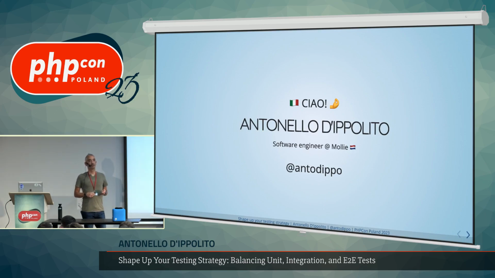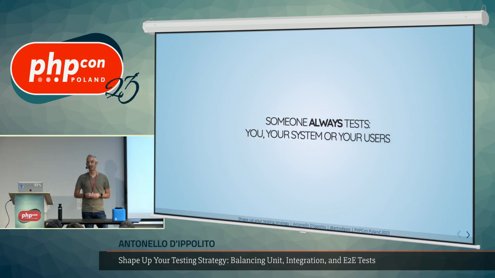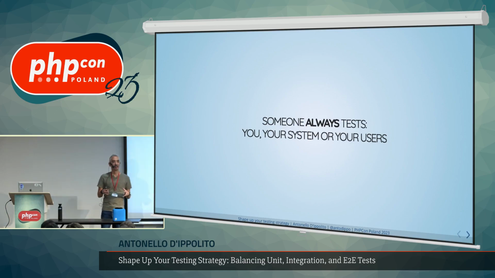But let's start from the why, right? So why testing? Well, it's not really a choice, to be honest, because someone is always testing your software. Either it's you, maybe manually, or maybe with some automated tests, and then maybe an external system to check your code. We can use PHPStan, a static analysis tool.